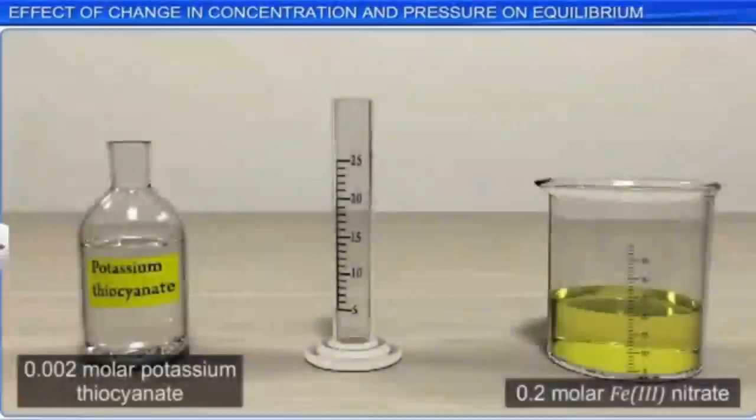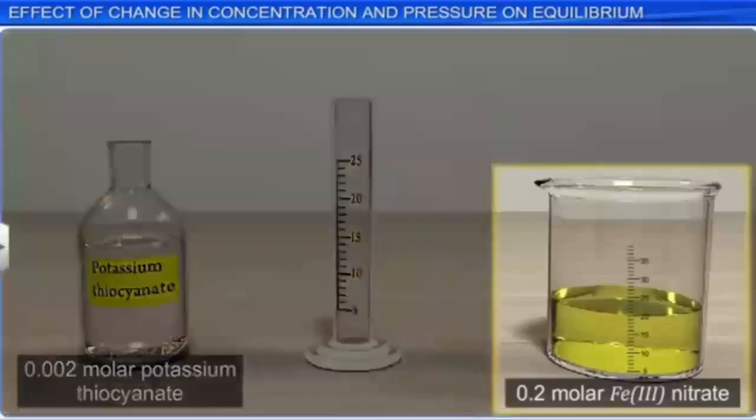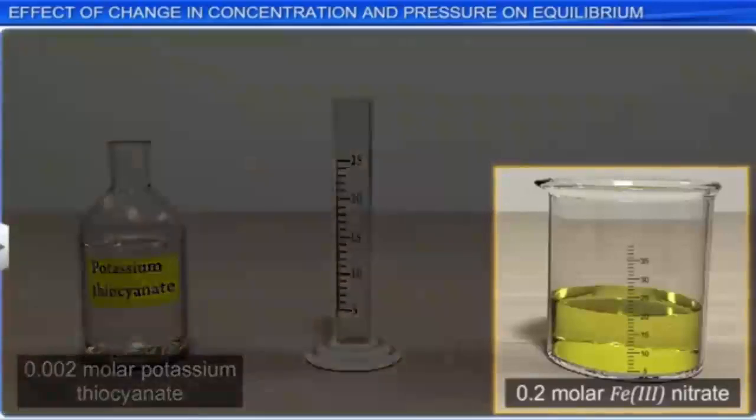The effect of change in the concentration of the products and reactants can be readily known through an experiment. In a beaker, take 20 ml aqueous solution of 0.2 molar iron(III) nitrate. It is pale yellow in color.